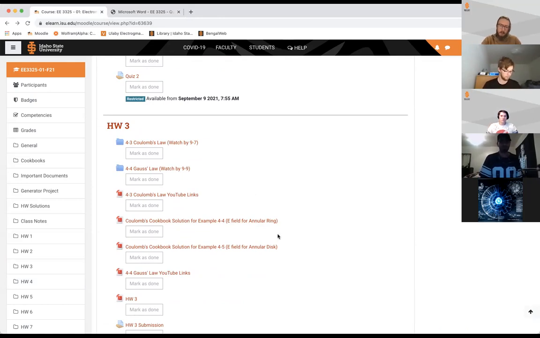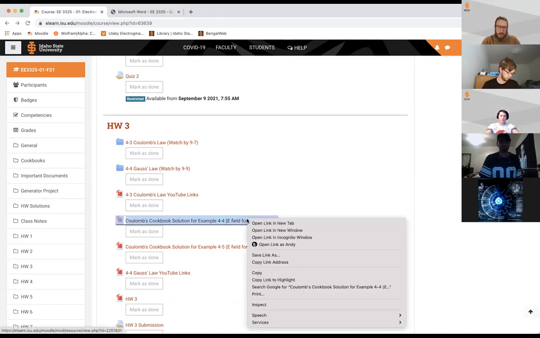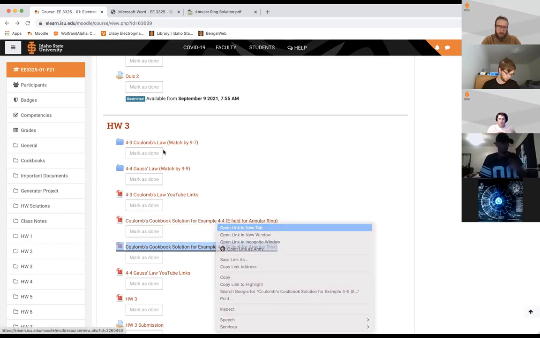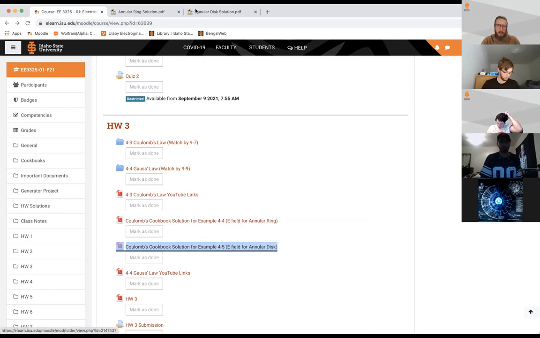In the process of doing that, we looked at a couple of these problems, and these are in the book. If you look in the textbook, in the Ulaby electromagnetics, you can find these 2 examples.